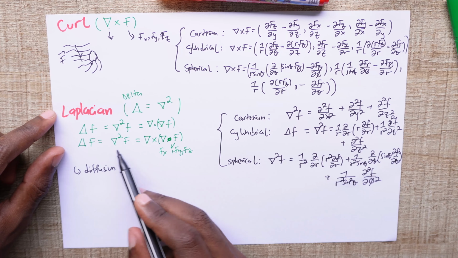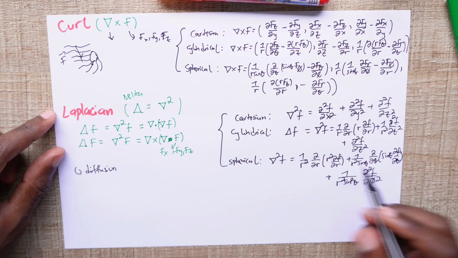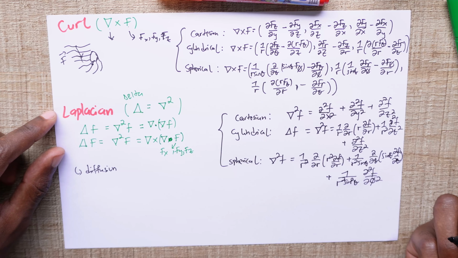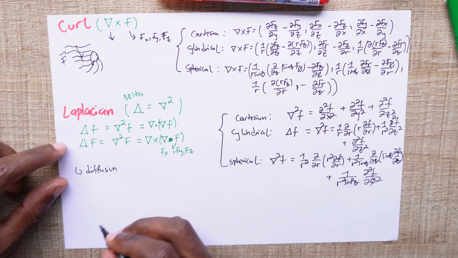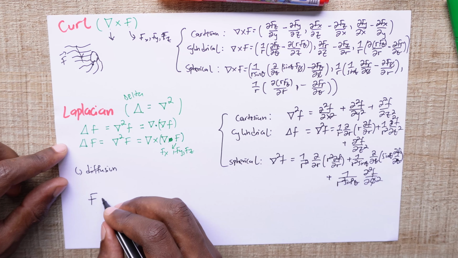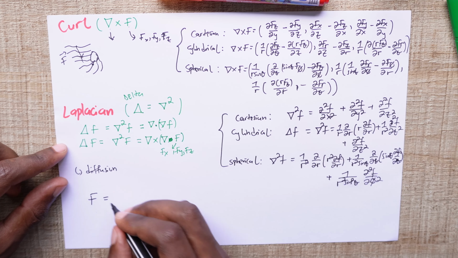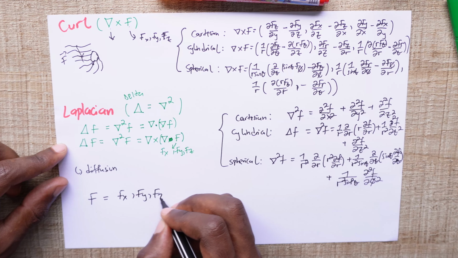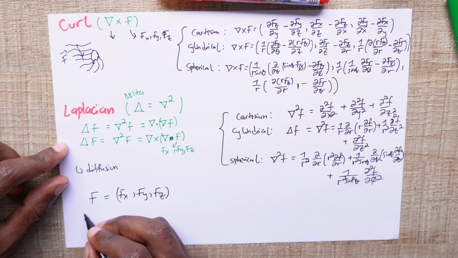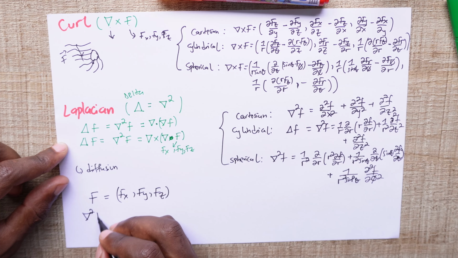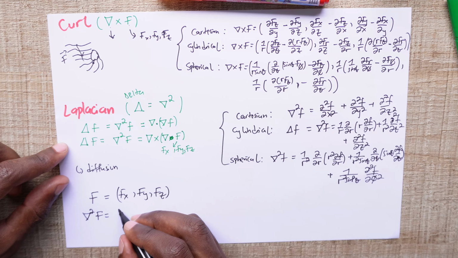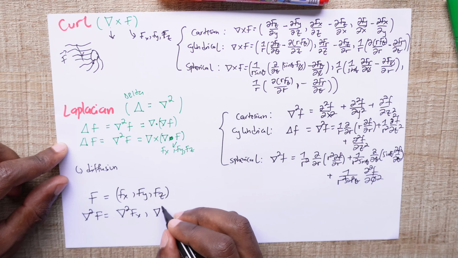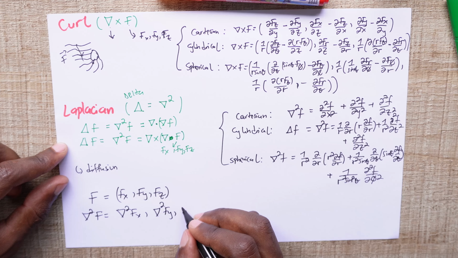And then if you are dealing with a vector field, then you would have to apply this for each component of the vector field. Meaning, for example, that if we take F in Cartesian coordinates, which has Fx, Fy, and Fz, then the Laplacian of capital F is going to be the Laplacian of each of these components.